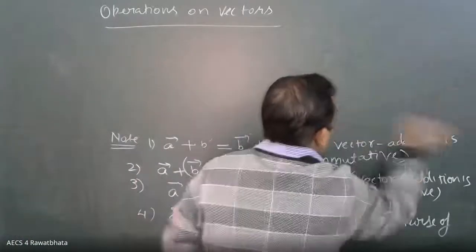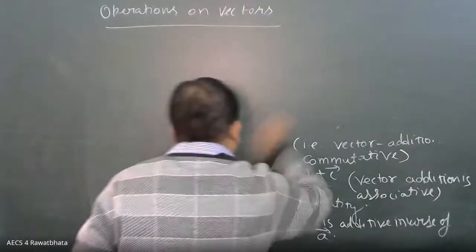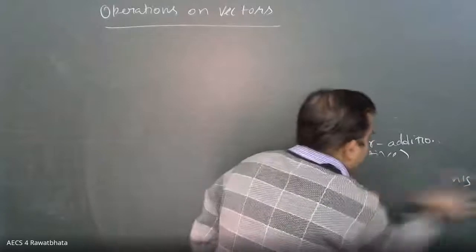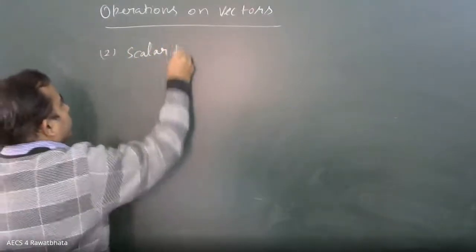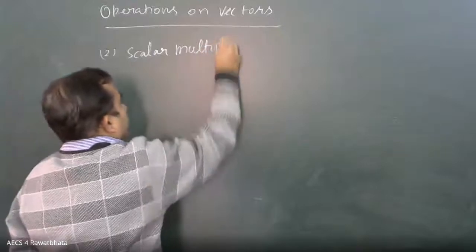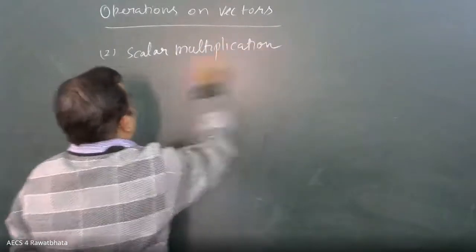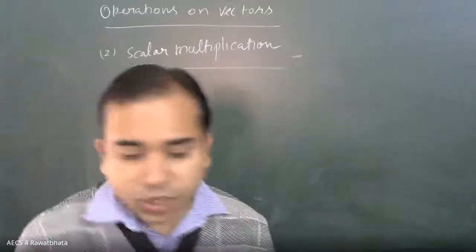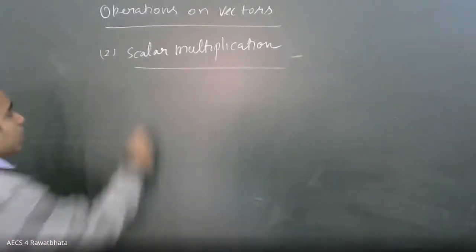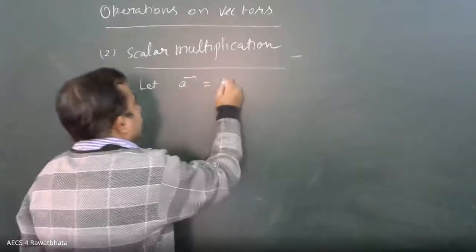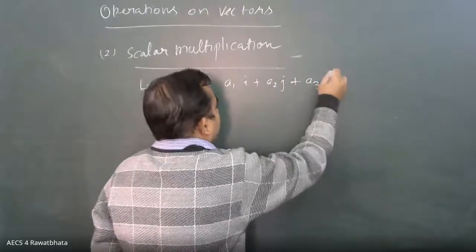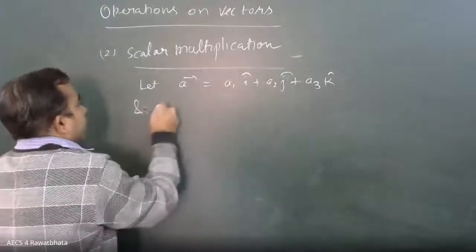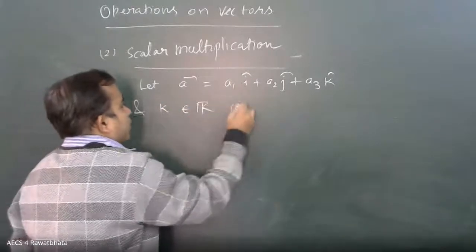scalar multiplication. Scalar means number. Second operation is scalar multiplication. Scalar multiplication means let a vector is a1i plus a2j plus a3k and k belongs to R, is a real number.